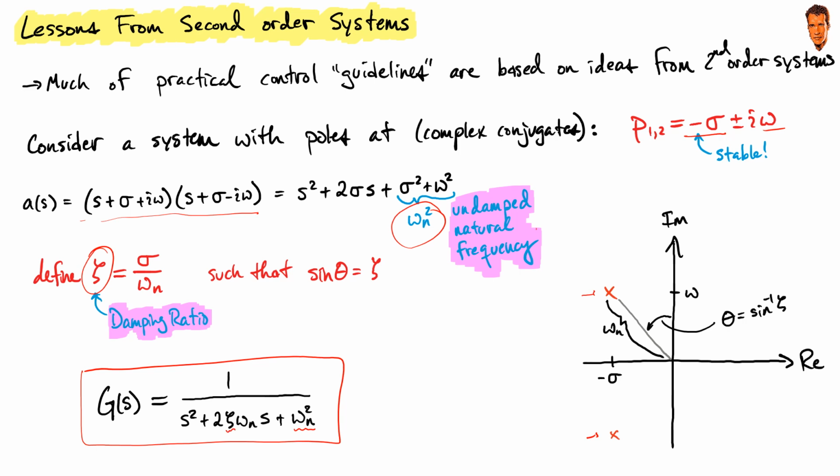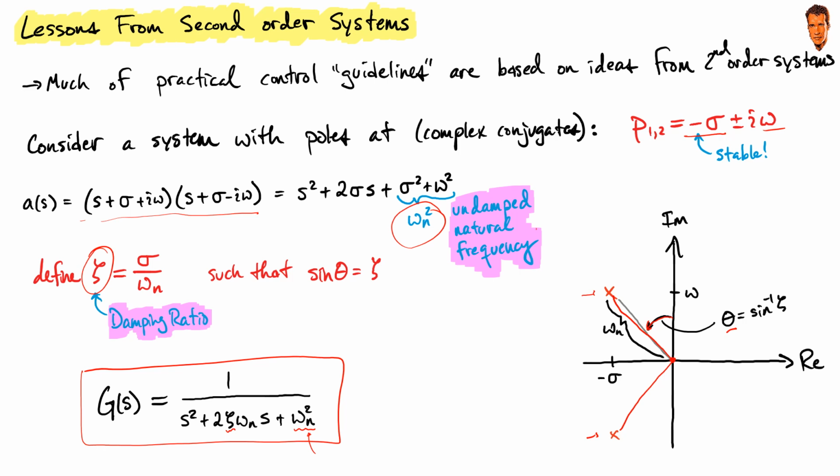And there were geometric ways of understanding that: the natural frequency was essentially the direct distance from the origin out to these poles. So it's that straight line distance. And the damping ratio is related to the angle here. So this angle is theta, but that's directly related to this damping ratio.